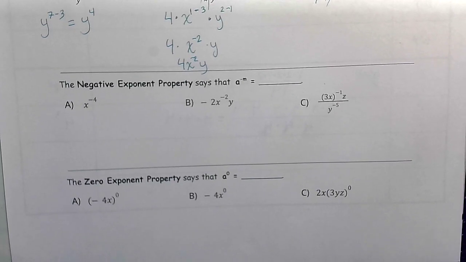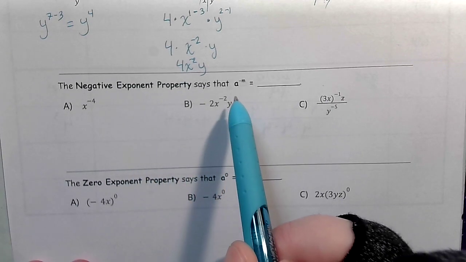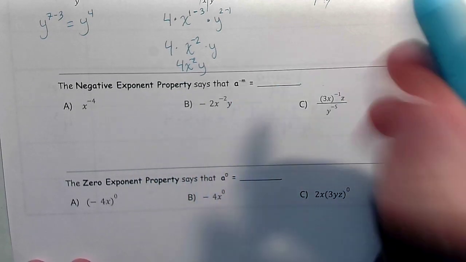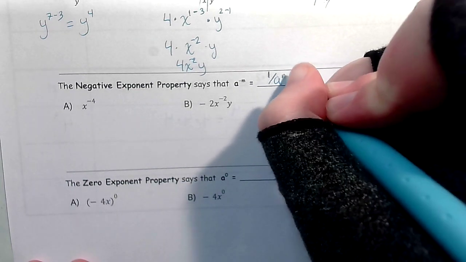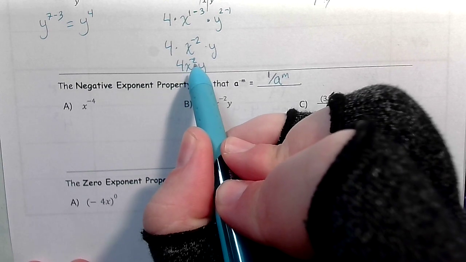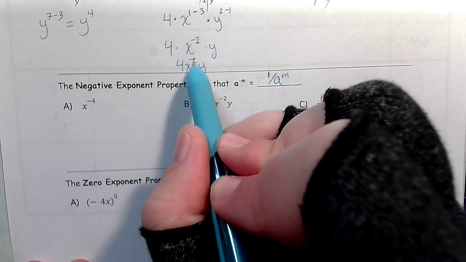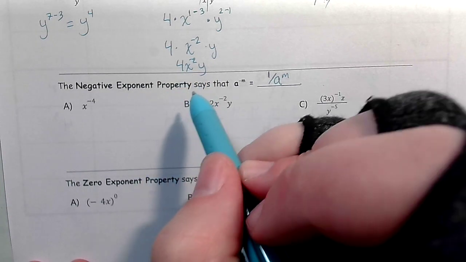There are 2 more properties of exponents that we didn't get to in our table. So the negative exponent property says that for any numbers a and m, a to the negative m exponent equals 1 over a to the m. So up here, technically this 4x to the negative 2y, the fact that this is a negative 2 would drop it down into the bottom of a fraction.